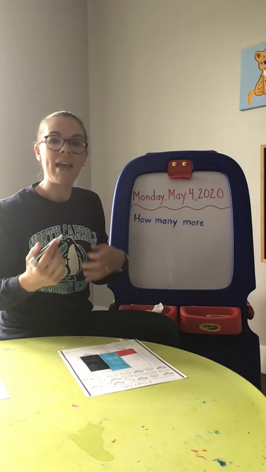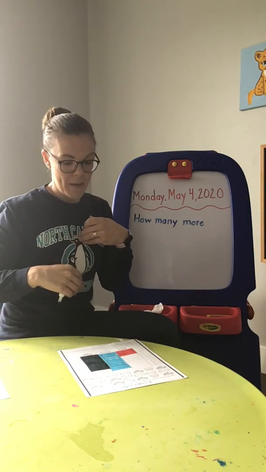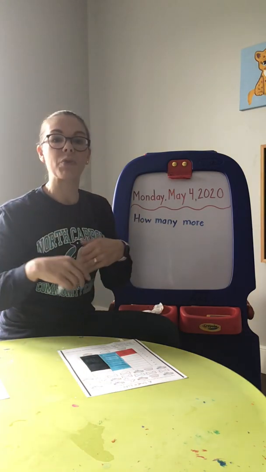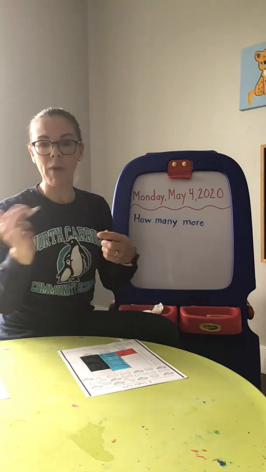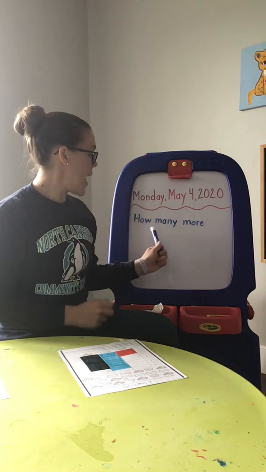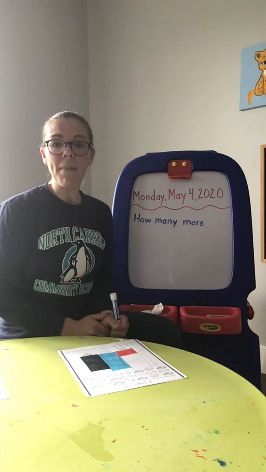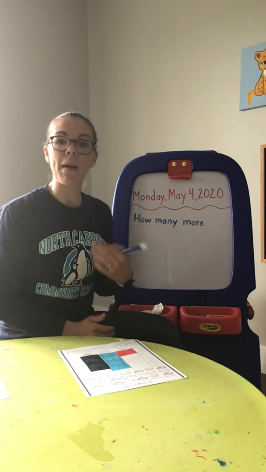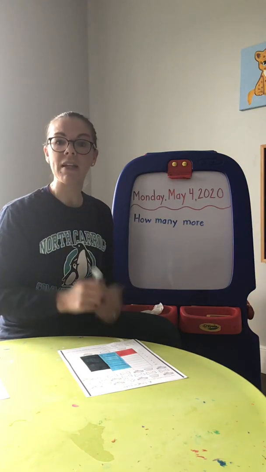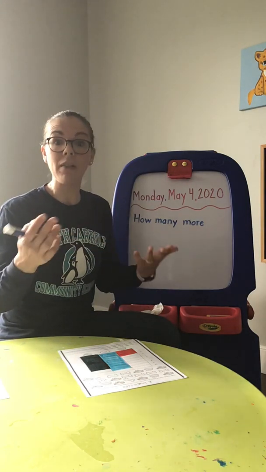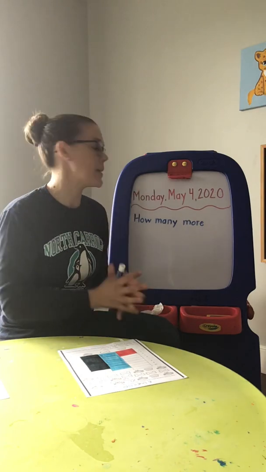And then it'll say, how many more collars than bowls, or how many more red M&Ms than blue M&Ms, right? Anytime we hear those words, that means we're going to be comparing the amounts of two different objects or numbers or colors or whatever we were graphing that day.